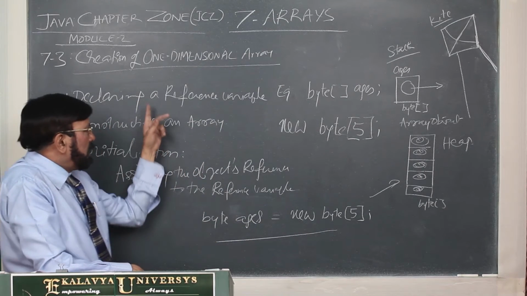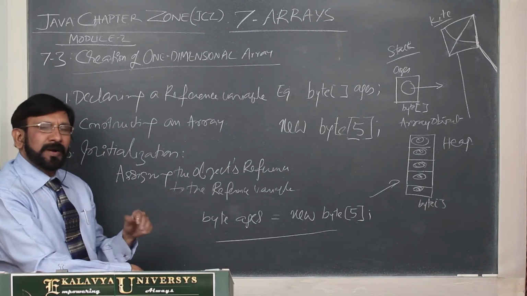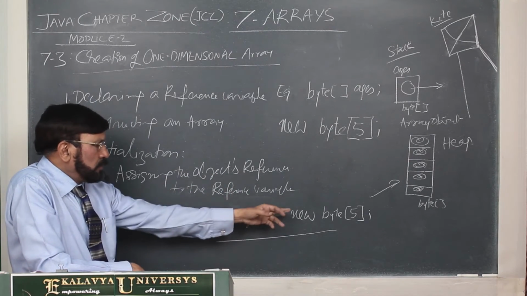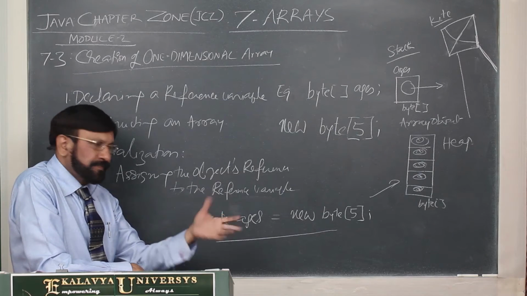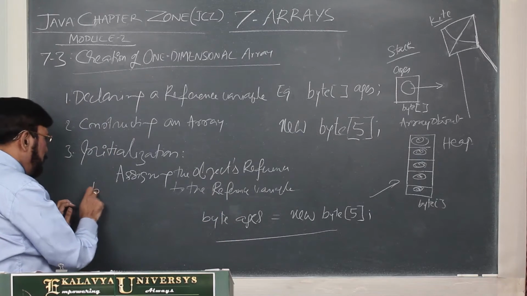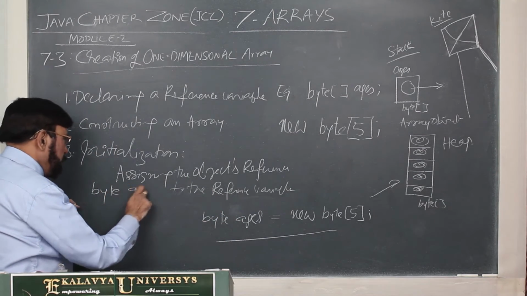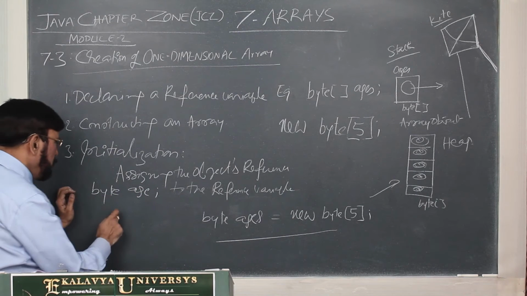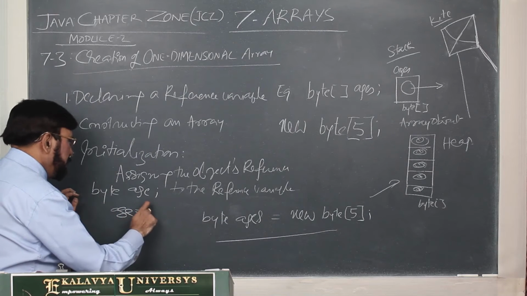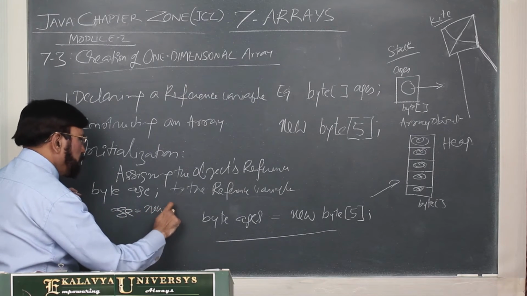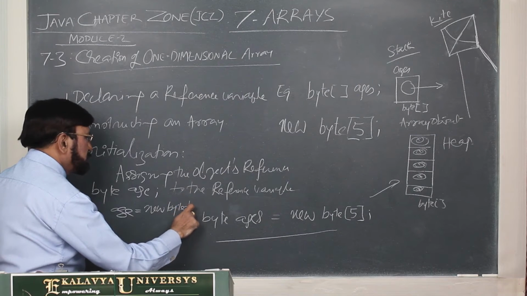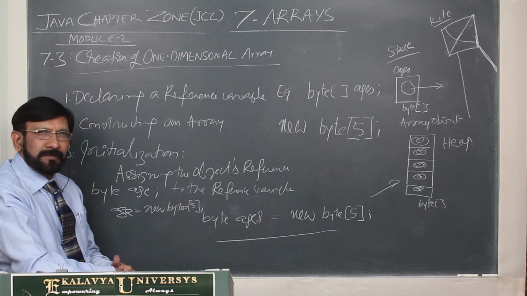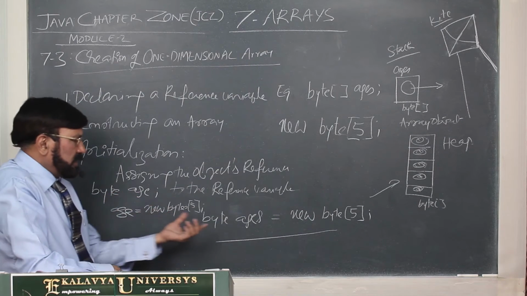These are the 3 parts of the definition, but while you are writing an array declaration, you write them as a single statement, or otherwise it is allowed. This is declaring a reference variable and then ages = new byte 5. This is also allowed, but there is no specific use.